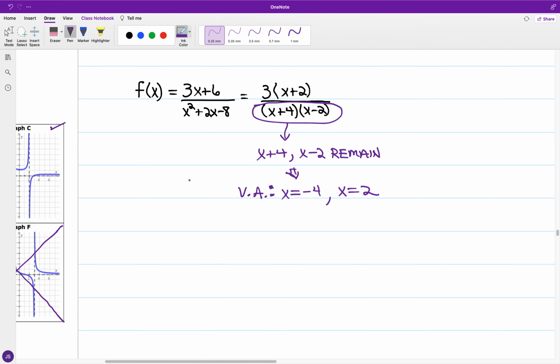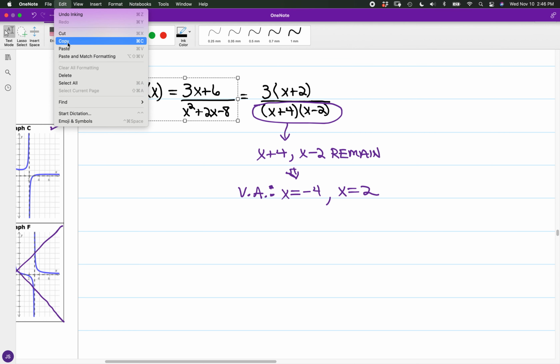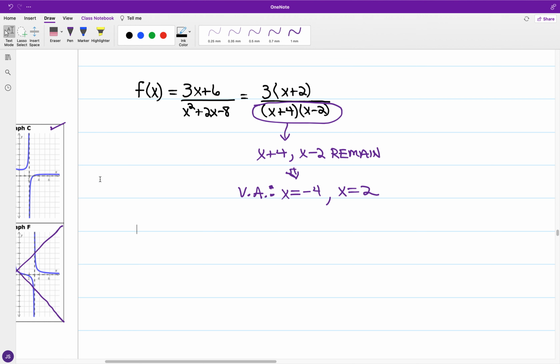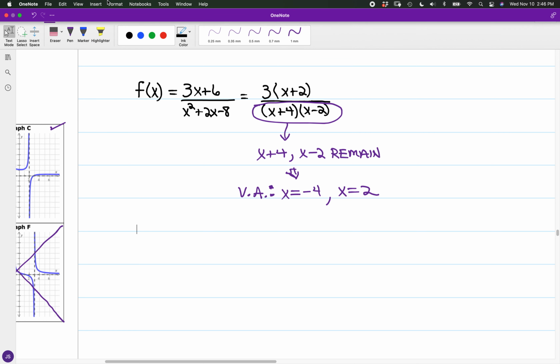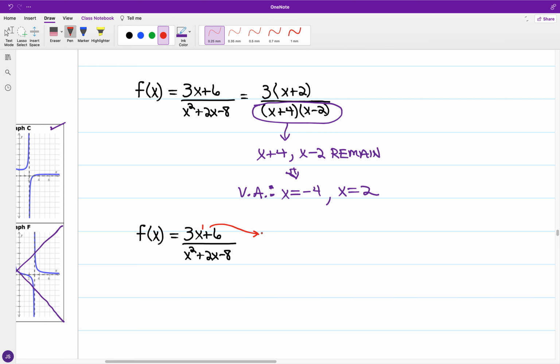Now, if you're looking at any other asymptotes, this comes down to the degree comparison. In the numerator we have 3x plus 6, and with 3x as the highest order term, we have n equal to 1. In the denominator, x squared is the highest order term, so we have m equal to 2.